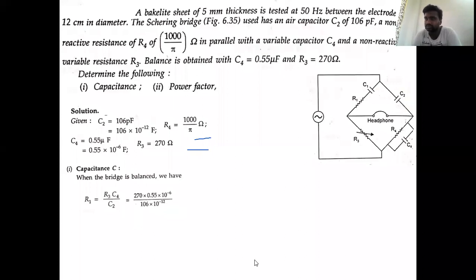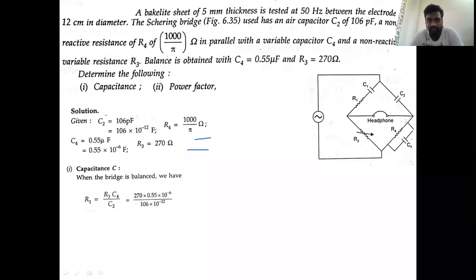Let me check. What answer did you get for resistance R1? 1.4 into 10 to the power of 6. 261 got 1.4 into 10 to the power of 6.